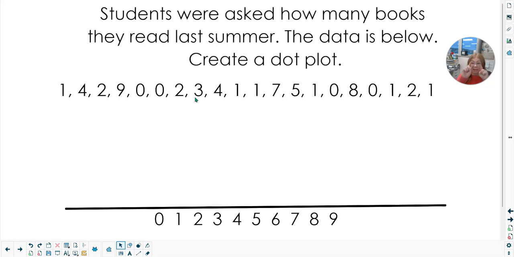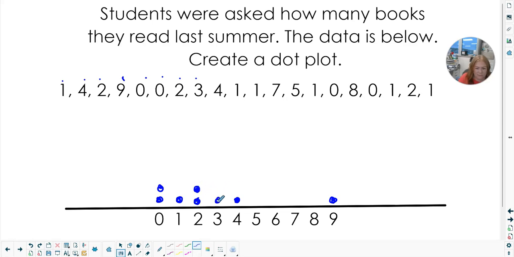And dot plots are made of dots. So every time we see a number, we are going to mark it on our dot plot. So we have a 1 and a 4. All right, we're marking it off on our list so we make sure we use the right amount. We have a 2 and a 9. 2 zeros. Do those together. And a 2 and then a 3. And then, oh, not a 4.